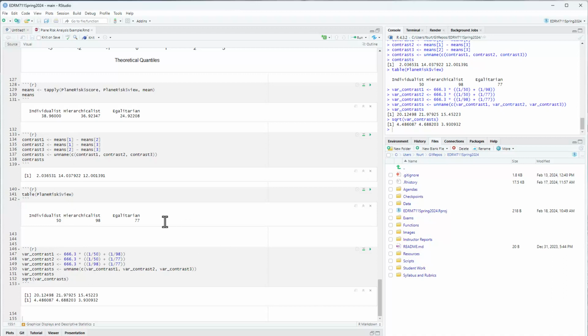So I did some things down here at the bottom of this notebook in terms of showing you how to calculate contrast and variances of contrast. But now I'm going to turn my attention to the way we actually implement each of the three multiple comparison procedures that we learned about. Two of the procedures we're going to be able to do without doing anything beneath the hood.